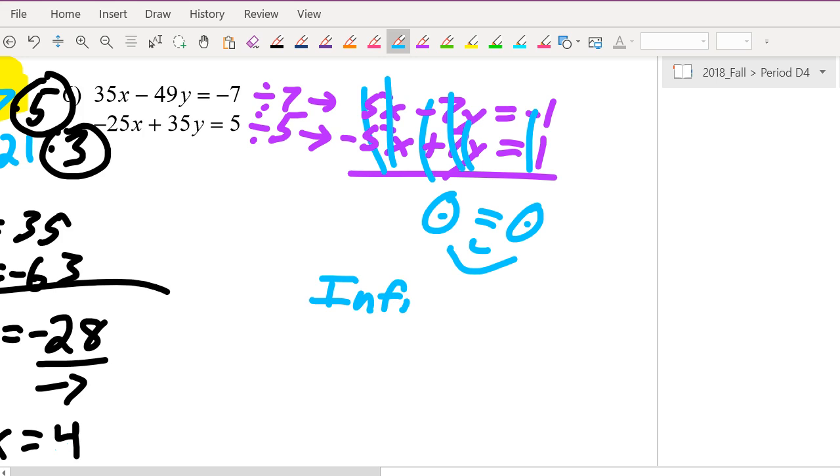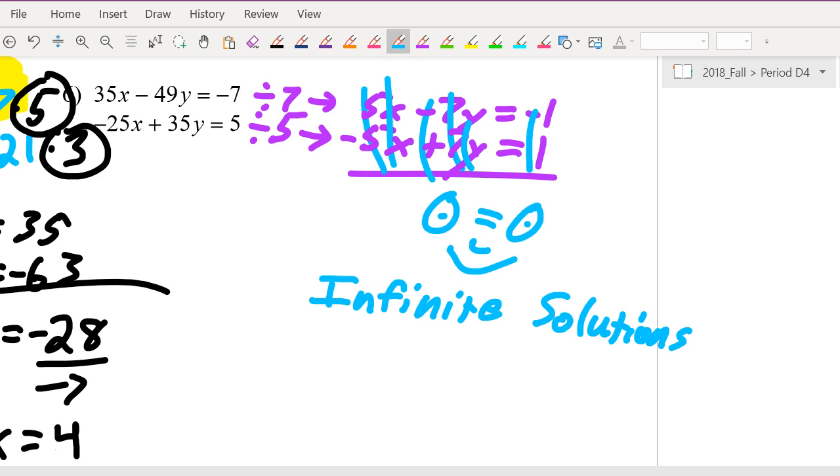What would those graph to be? The same line. Now actually it is not all real numbers. Just like x plus y equals 5, right? A simpler equation. There are certain numbers that make that true, but not all real numbers. And there are an infinite number of answers, but not all real numbers.